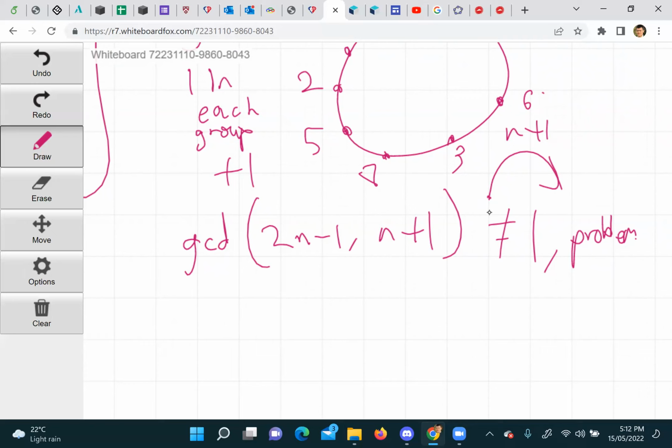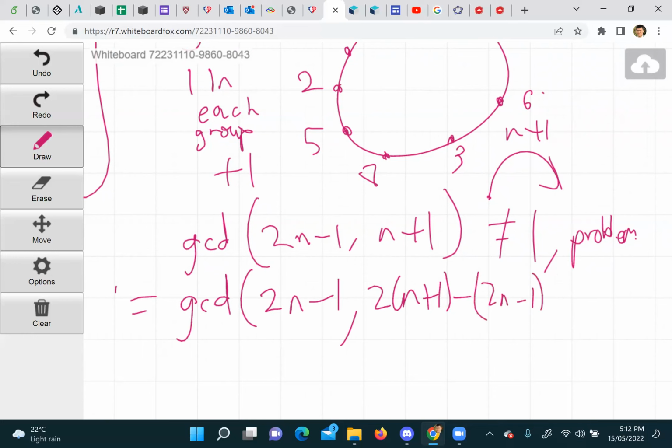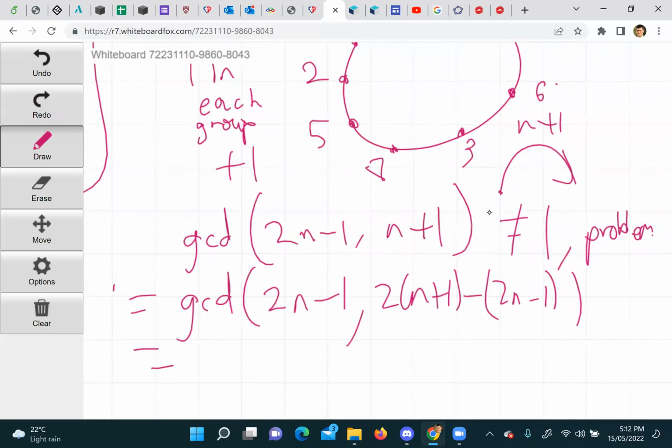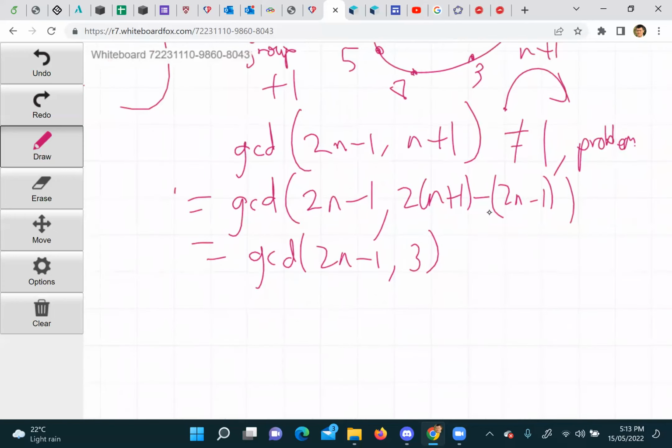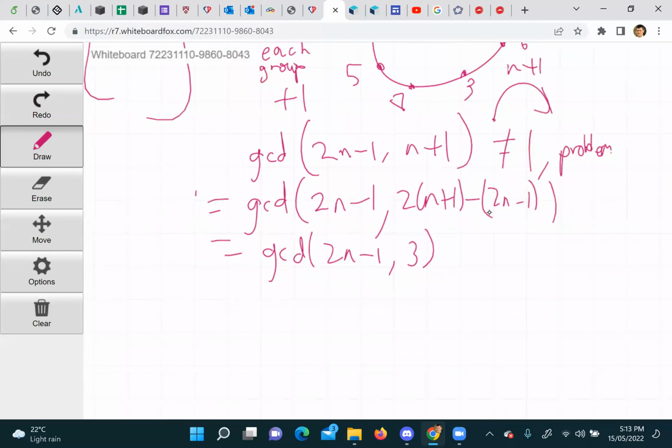So this is actually equal to the GCD of 2n minus 1 and you do 2n plus 1 minus 2n minus 1, which is actually just the GCD of 2n minus 1 and 3. Oh wait, it's not that hard.